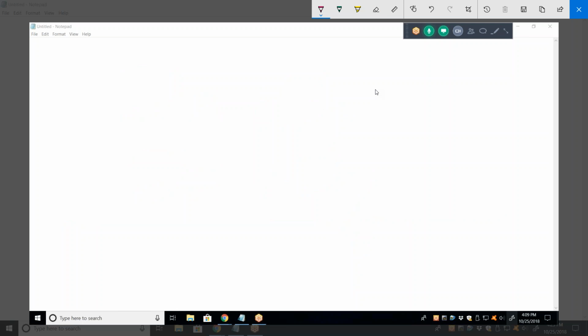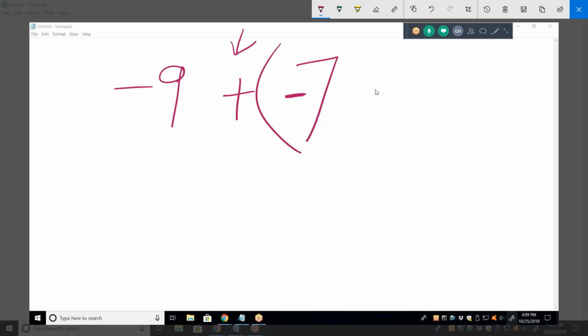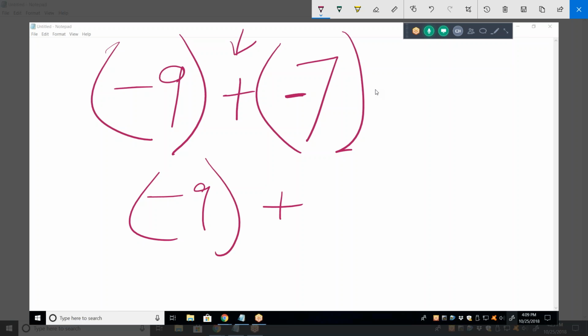Similar to if I have this problem here, I don't do that as a subtraction problem. I turn it into an addition problem. Well, here's the subtraction sign. So I change that, and then I change the sign of what was being subtracted. So now it's an addition problem. Minus 9 plus a minus 7.